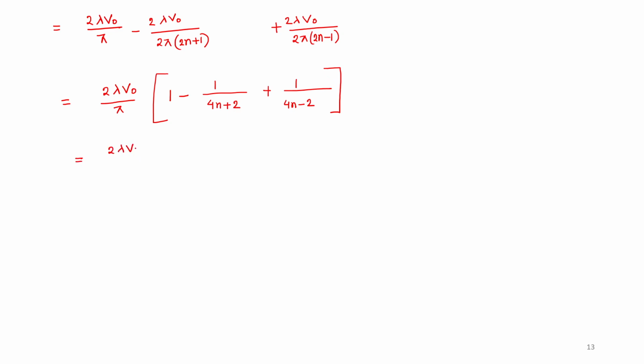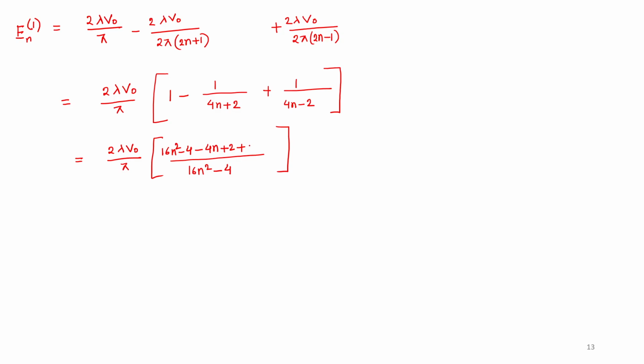2 lambda v0 by pi. Don't forget, we are trying to get this. So we'll take actually 16n square minus 4, which is 4n square minus 4. So you will get here 16n square minus 4, minus we will get 4n plus 2, because 4n minus 2 minus 4n plus 2.